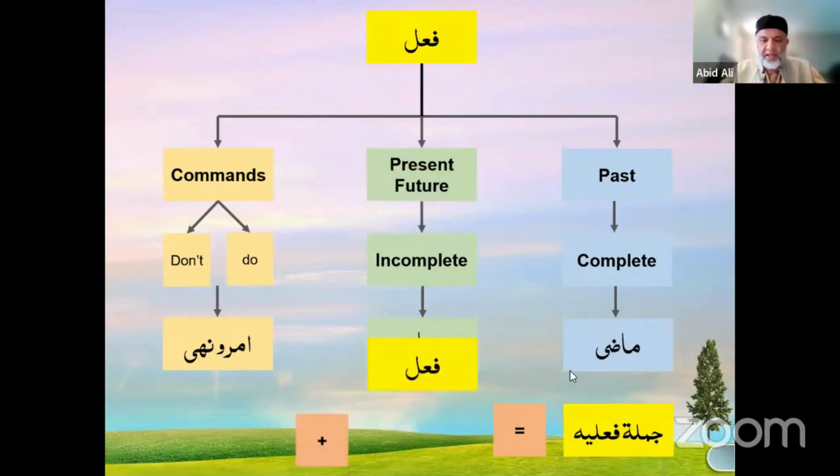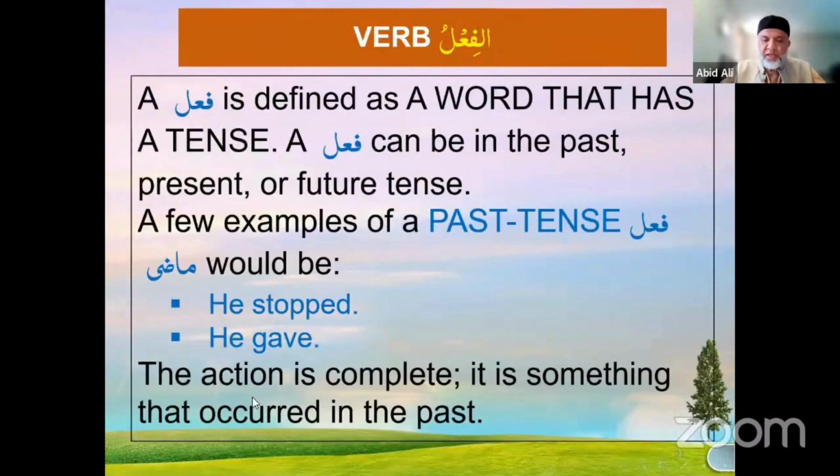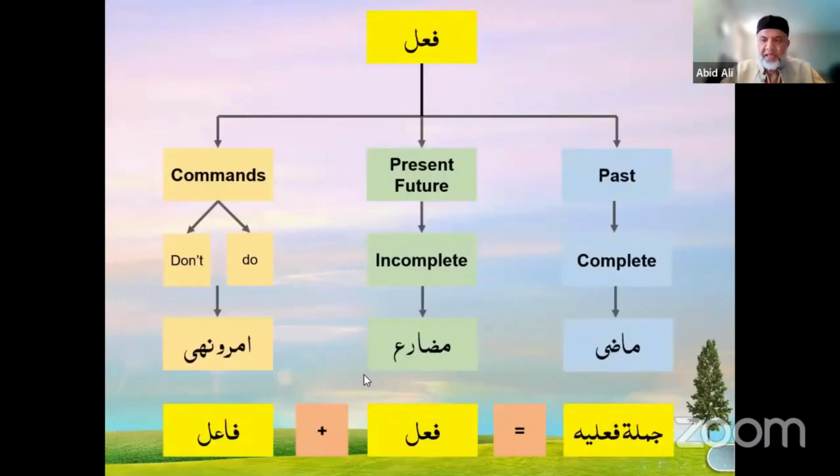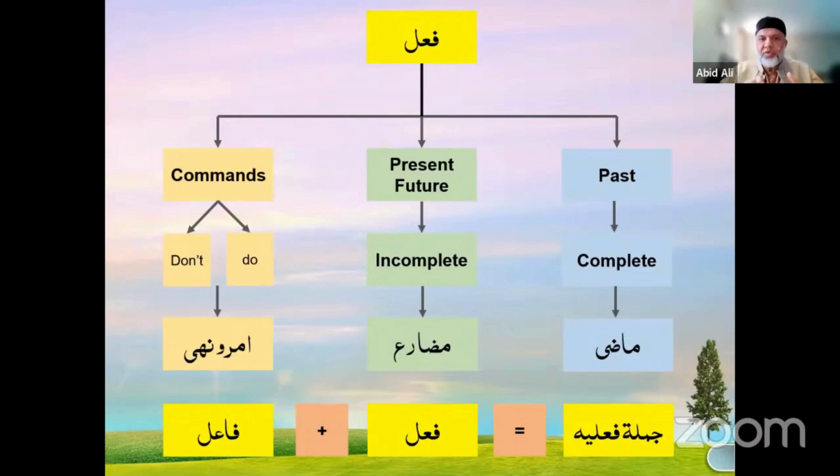And what are the two components of a jumla fe'liya? The bare minimum components are that you need to have an action, and then you need to know who is doing that action. What is the minimum requirement of a jumla fe'liya? You need to know what the action is and who is doing the action.